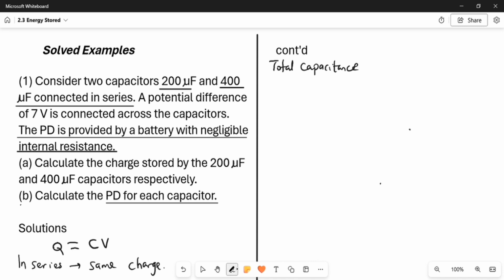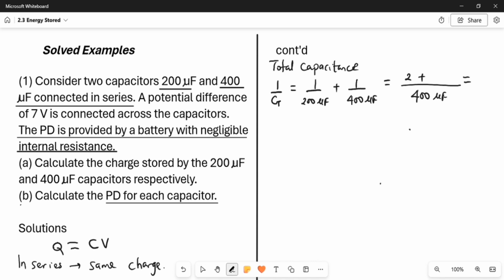So we say 1 over total capacitance is equal to 1 all over the 200 microfarads plus 1 all over 400 microfarads. This gives us, as a common factor, 400 microfarad. This into this gives us 2. 2 multiplied by 1 is 2. 400 into this is 1. 1 multiplied by 1 is 1.